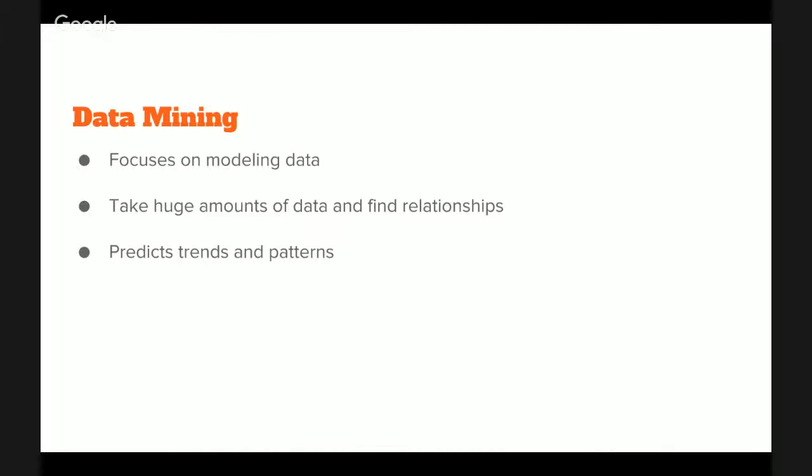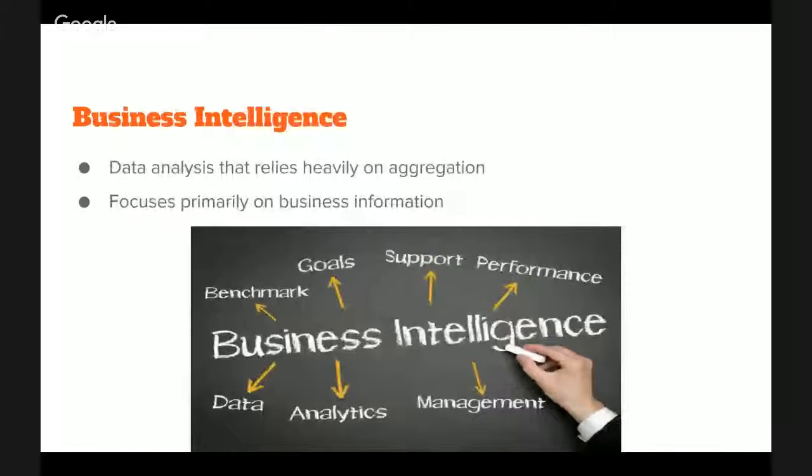Data mining focuses on modeling data, taking huge amounts of data and finding relationships that correlate within the data, so predicting trends and patterns. Then there's business intelligence, which is data analysis that relies heavily on aggregation, focusing on business information, information that's coming into companies or data that the companies are paying for to look at to make smarter business decisions.